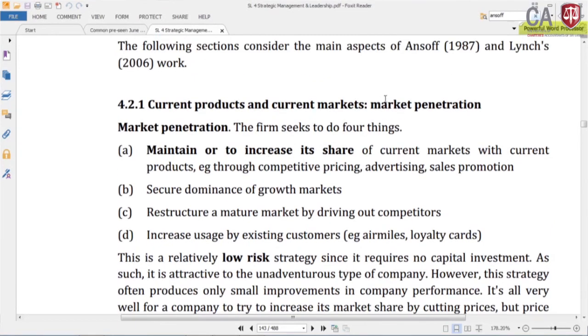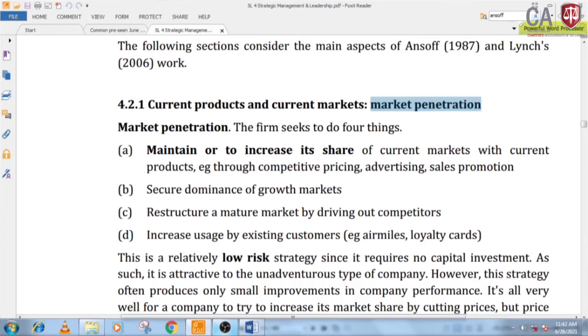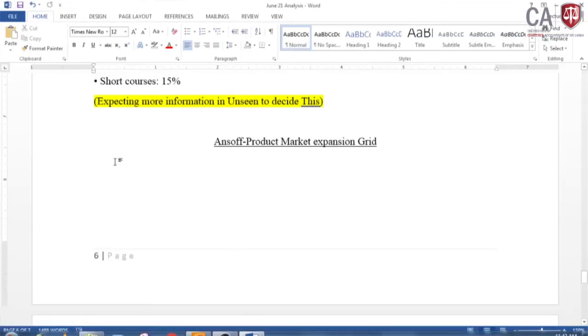Market penetration, we'll check this strategy first. Here we try to expand our business within the existing marketplace. The first strategy I am going to look at is market penetration.